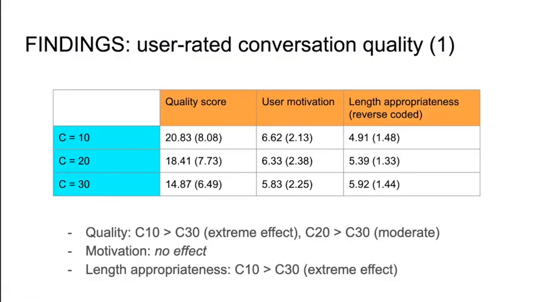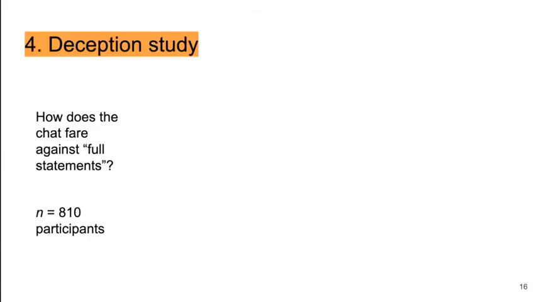Now, given time, I'll make this very quick because I really want to go to the deception part. Long story short, the users found the shortest chat version as having the best quality and being the most pleasant, because apparently there could be some repetition going on if you keep the chat longer than that.